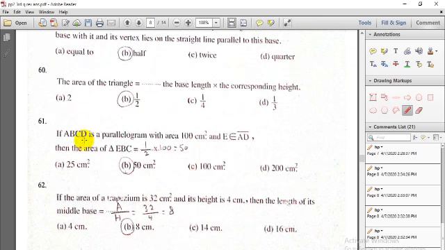In parallelogram ABCD, with area 100, then the area of triangle EBC. Let's draw it to see it here.